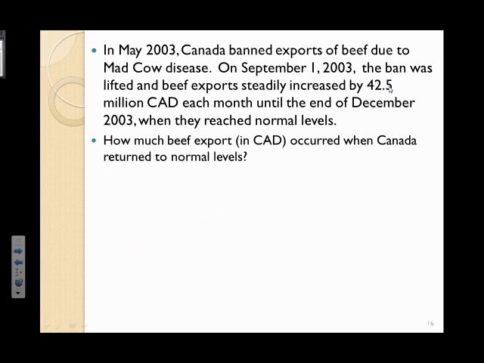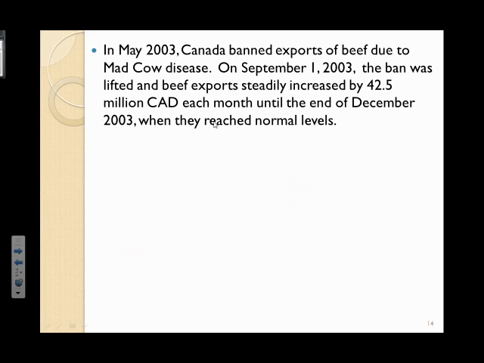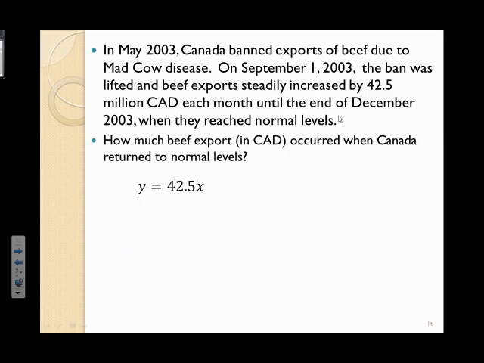They say up here in the problem that exports steadily increased by 42.5 million CAD each month until the end of December. So if that was the end of December, and we started exports, the first month is at the end of September. The end of September is the first month, October would be the second month, November would be the third month, December would be the fourth month.